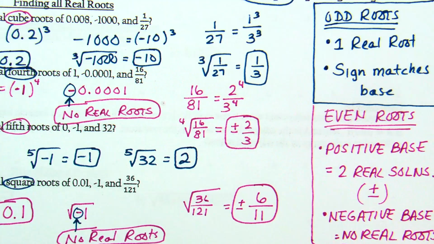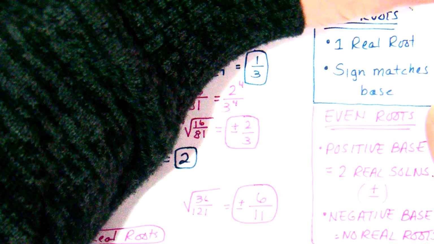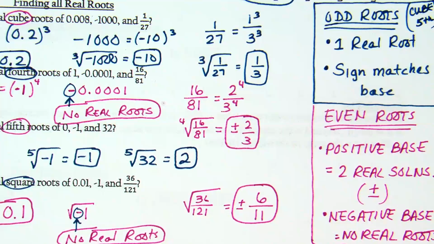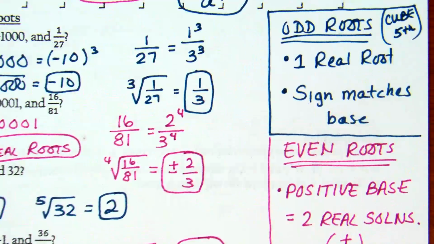And this is what happens when you're doing odd roots, whether it be cube roots, fifth roots. I mean, technically we could go seventh roots, ninth roots, anything past that. We don't usually. But when we talk about cube roots and fifth roots, what always happened? Anytime we took a cube root or a fifth root, we had how many answers? We always just had one answer, right?